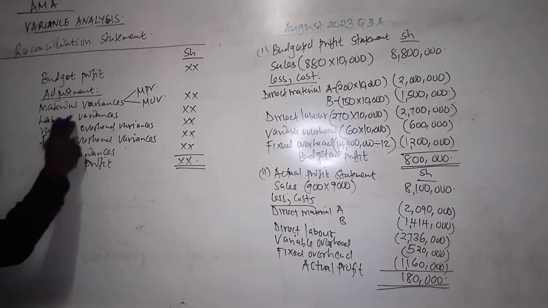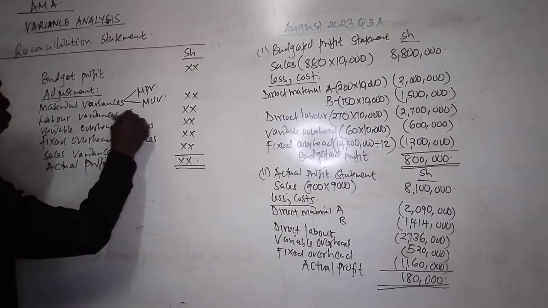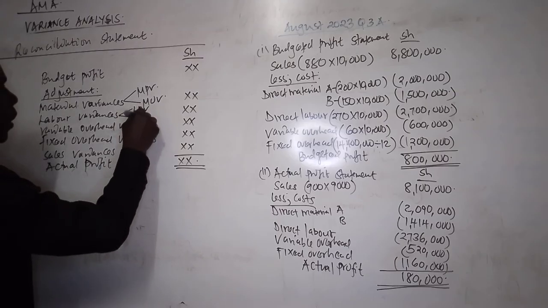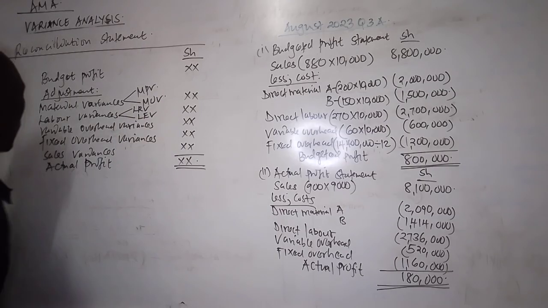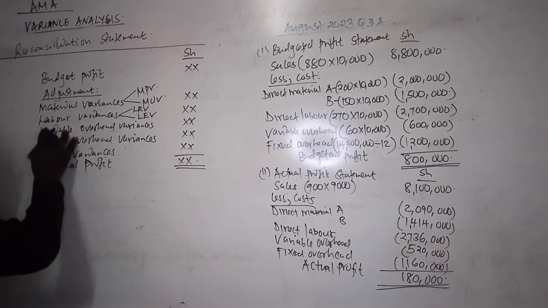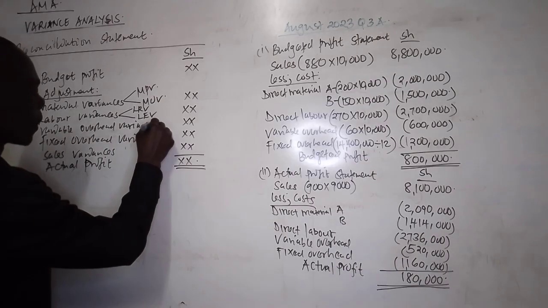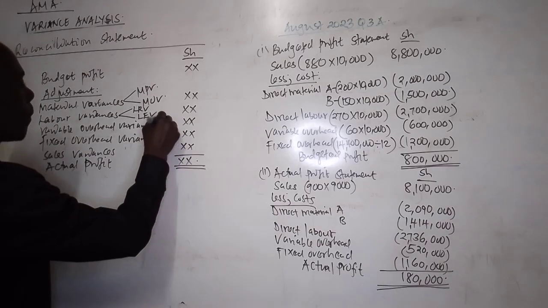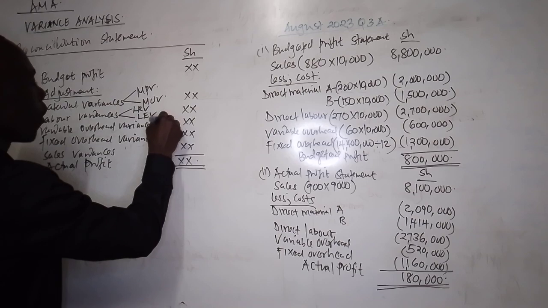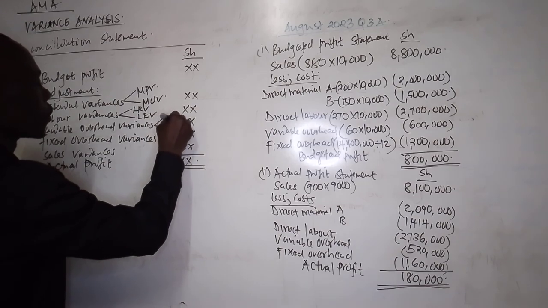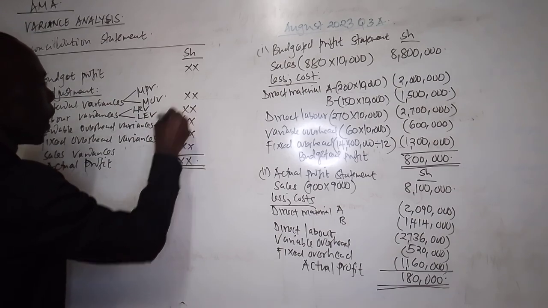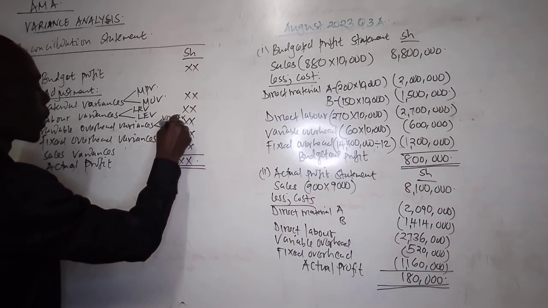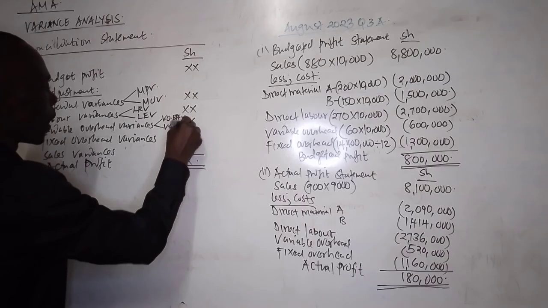When we go to the labor variances, the tools to help us in reconciling are the labor rate variance and the labor efficiency variance. When we go to the overhead, the ones that will help us to reconcile are the variable overhead efficiency variance and the variable overhead expenditure variance.